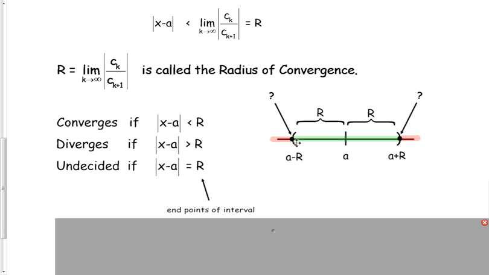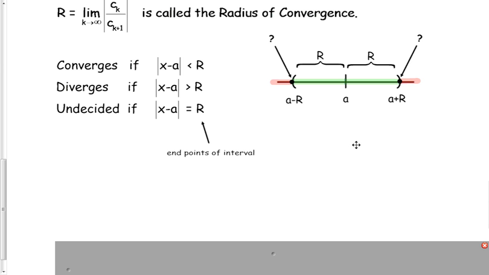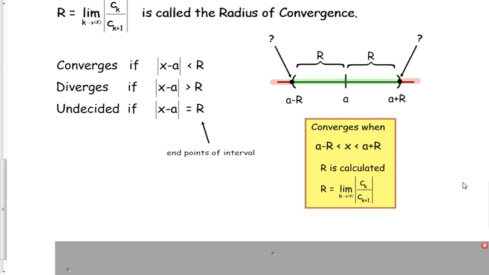We for sure know that the power series converges on this interval. So we know the center, and if we go to the left, if we subtract the radius of convergence, and if we add the radius of convergence, we know that it for sure converges in that interval. This is just stating that another way.